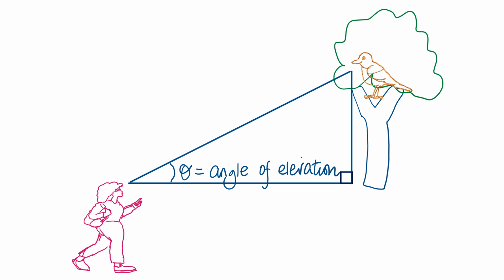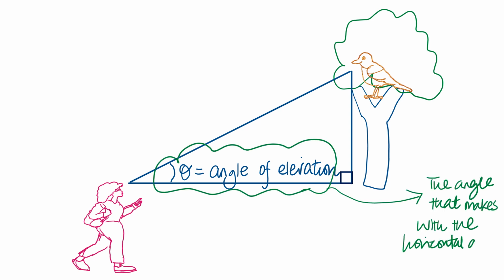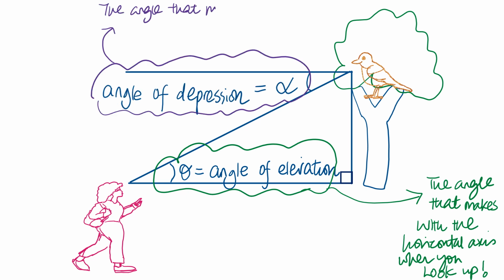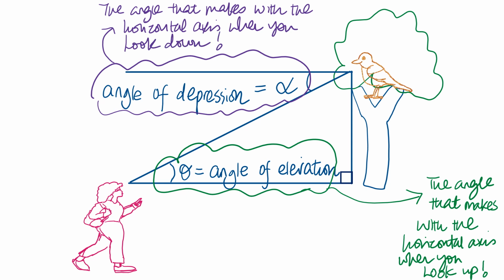And of course the bird also sees you walking. You also caught the attention of the bird, and the bird looks down at you. So when the bird looks down at you, you will see that it forms an angle of depression with the horizontal axis.